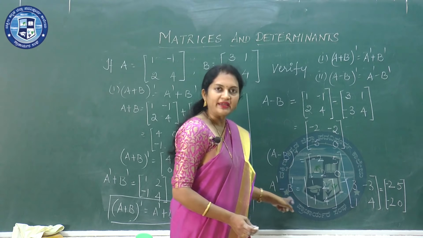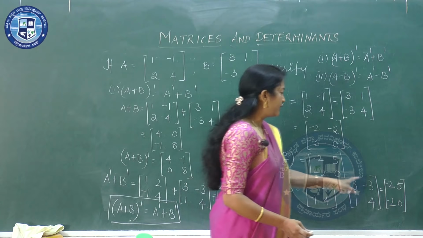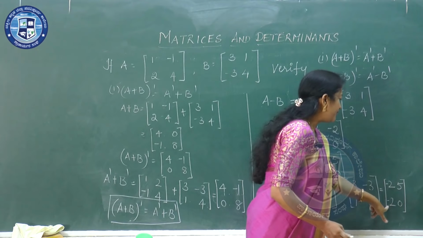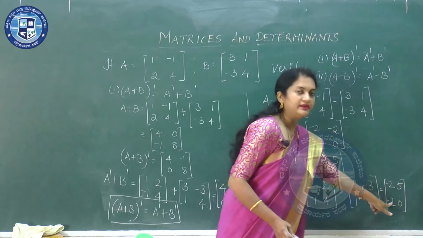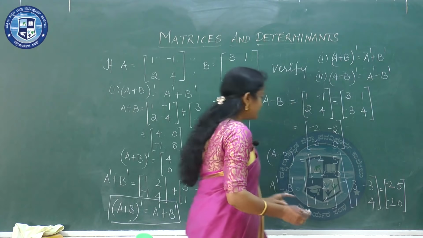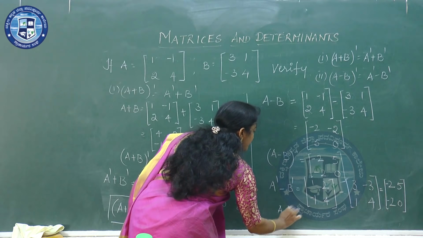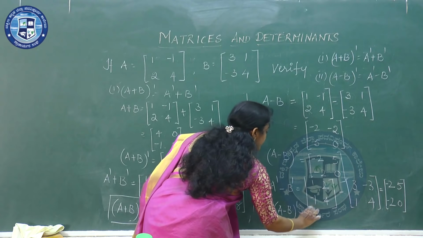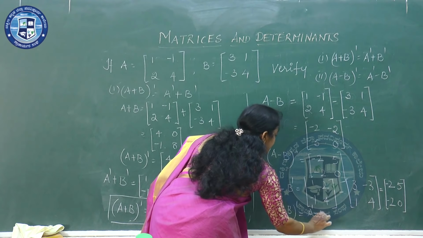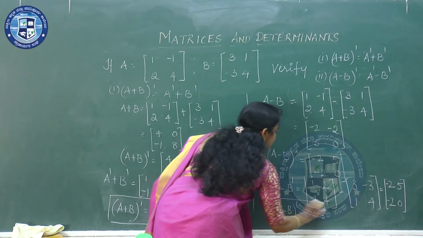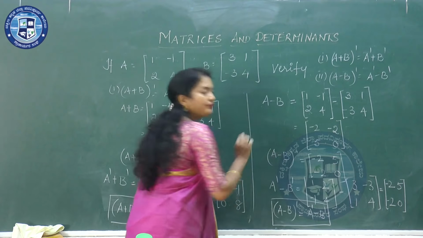A transpose minus B transpose is [-2, 5; -2, 0]. Both are same. So you can say now (A minus B) whole transpose is equal to A transpose minus B transpose, which is verified.